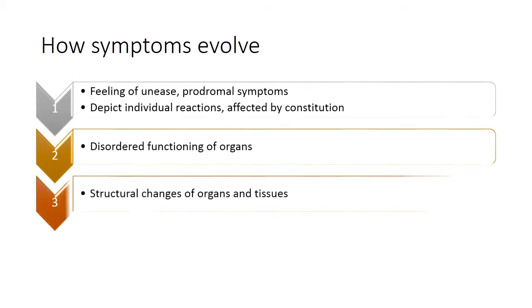However, as the disease progresses, there could be structural changes of the organs and tissues, and they will produce a set of symptoms of their own kind which are different from the first two. If you are having blockages in the heart arteries, those are structural changes, and they will create their own symptoms peculiar and particular to those structural changes. So that must be borne in mind.